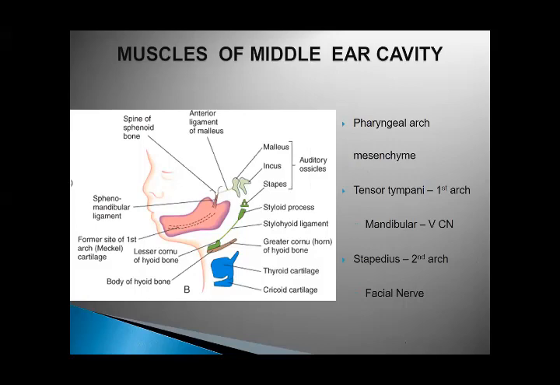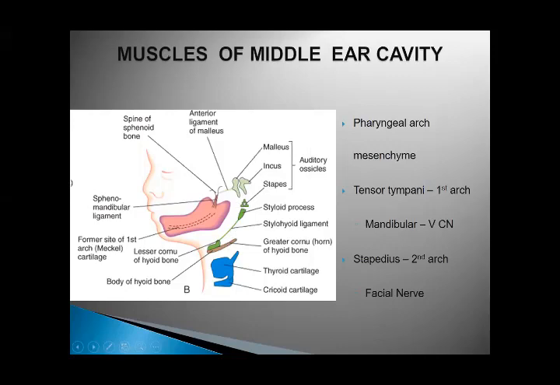Muscles भी आपको मैंने पढ़ाए थे, middle ear cavity के. You have the tensor tympani muscle over here, which develops from the first arch, mandibular division, and you have a stapedius muscle developing from the second arch in relation to the stapes.